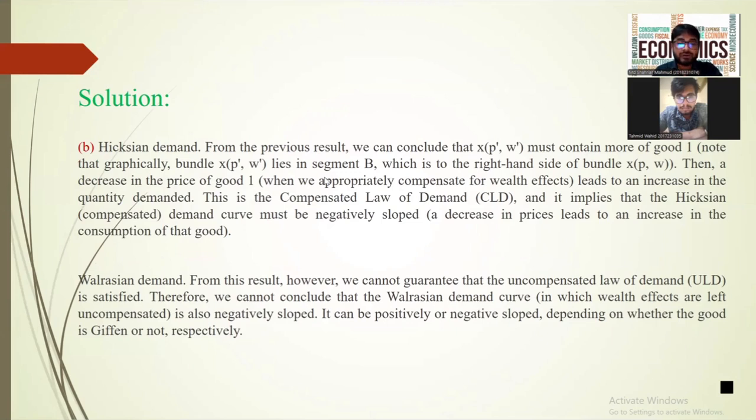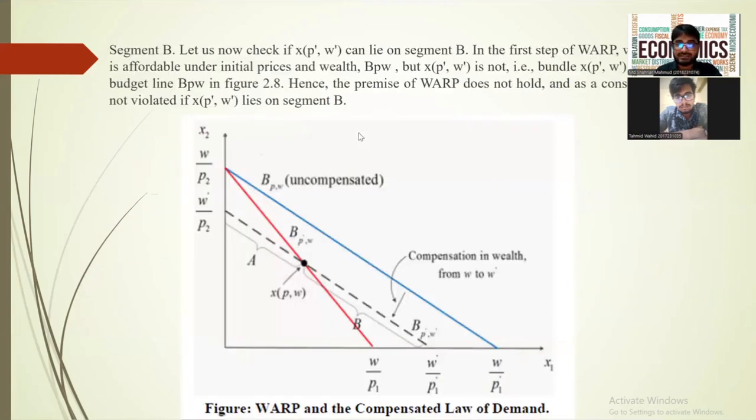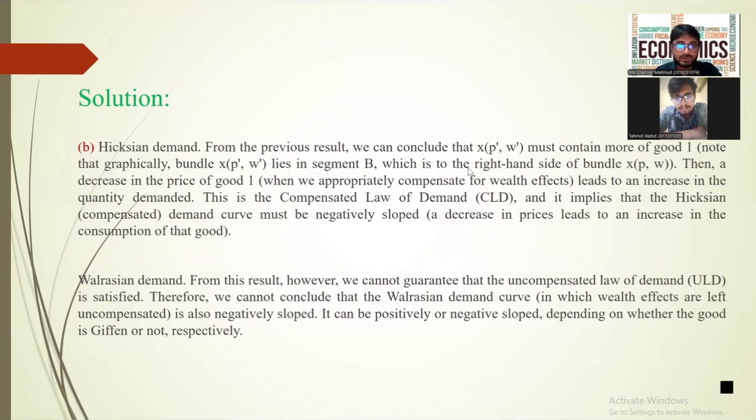From our analysis, we conclude that bundle XP'W' contains more of good one. There are two goods, the vertical side and the horizontal side, and here you can see there is more of good one.